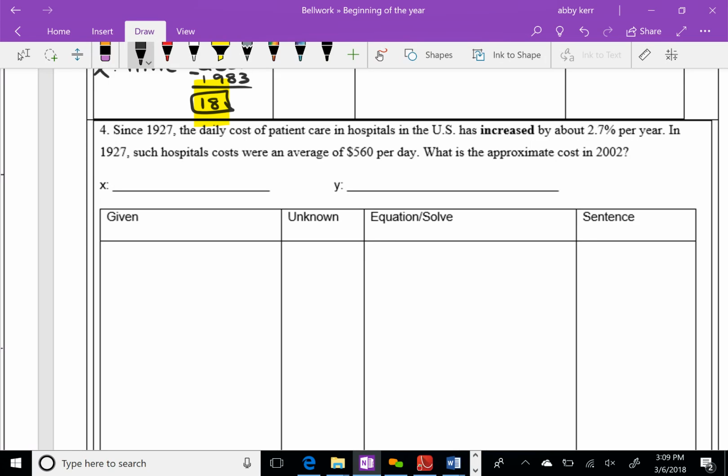So you want to define your variables. Your x will always be time. And in this case, we're talking about years. And then what is our overall y talking about? It's the hospital cost.